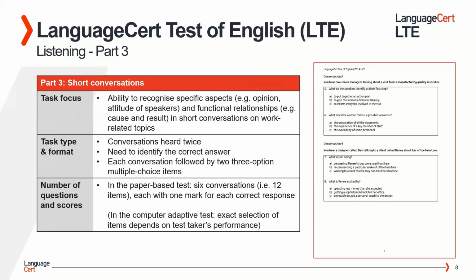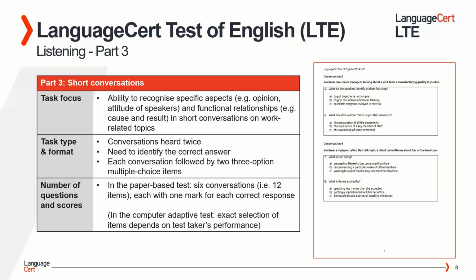Here is a sample of Part 3. This task assesses ability to identify specific aspects, such as opinion or attitude of speakers, and functional relationships, for example, cause and result, in short conversations on work-related topics.